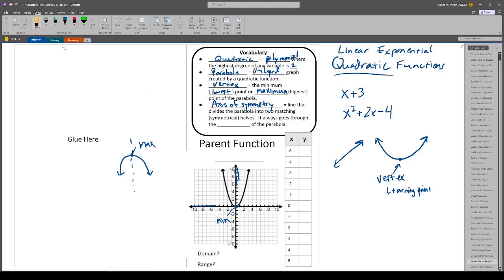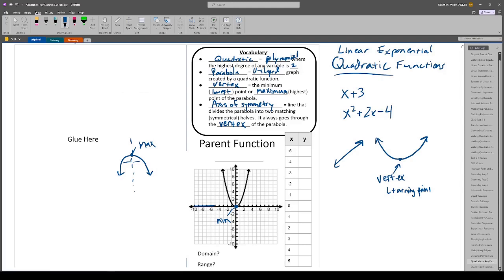So it's just a fancy word for line of symmetry, meaning that if we split the parabola vertically, we end up with a mirror image on the left and the right side. It always passes through the vertex. The vertex is the spot where the graph turns around, therefore it is the center of everything symmetrical. It's kind of like this unique point in the middle, and everything aside from that is a mirror image to the left and the right.